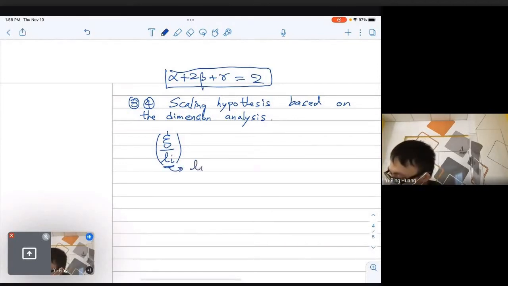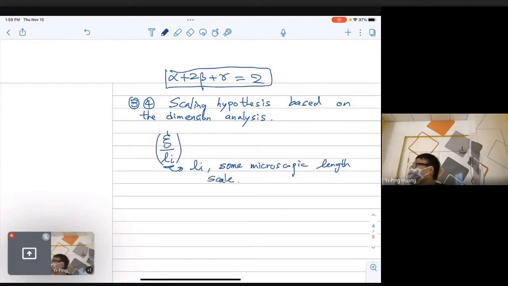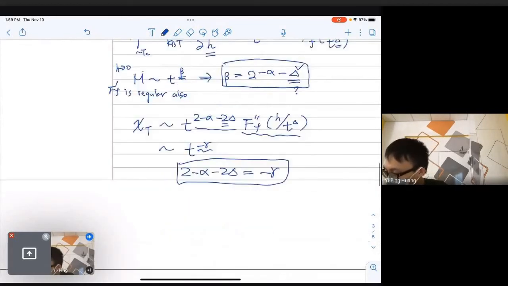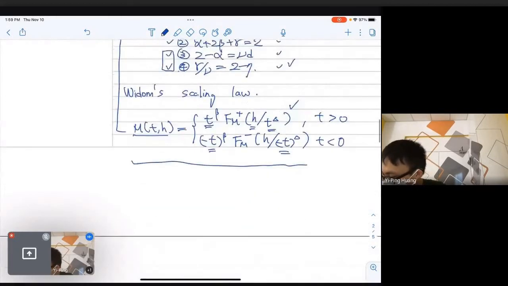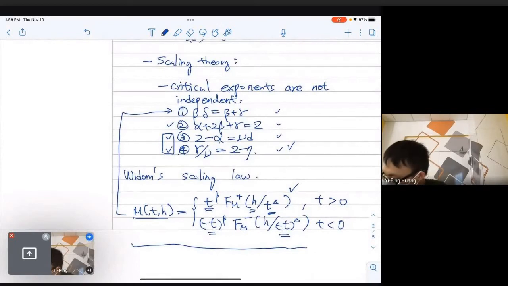This Li means some microscopic length scale. Using this information, you try to explore the possible form that relates to the critical exponents like alpha, mu, and eta.